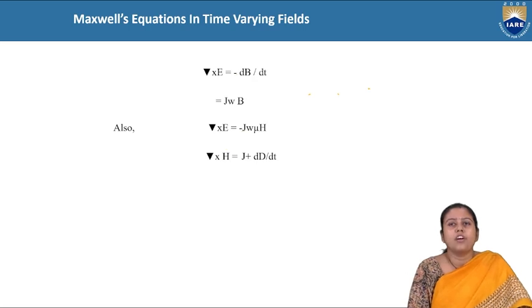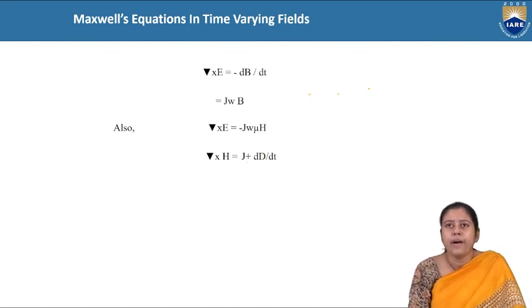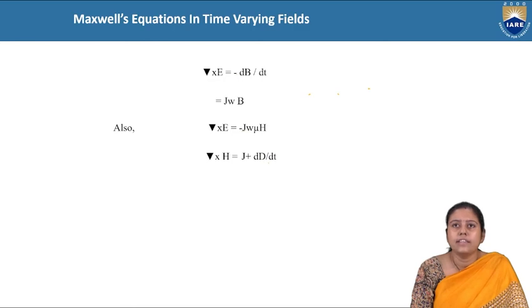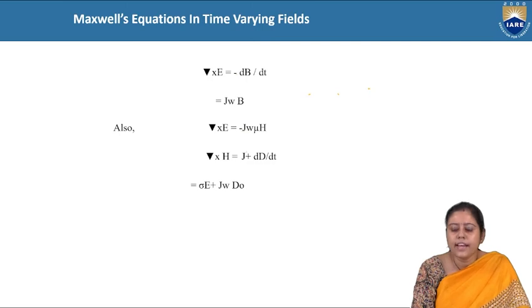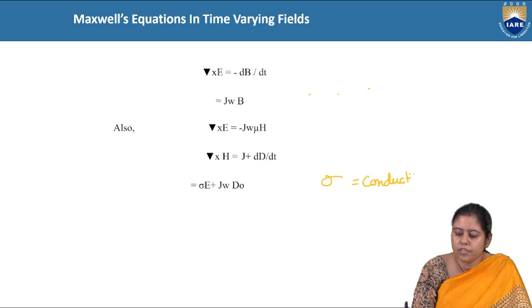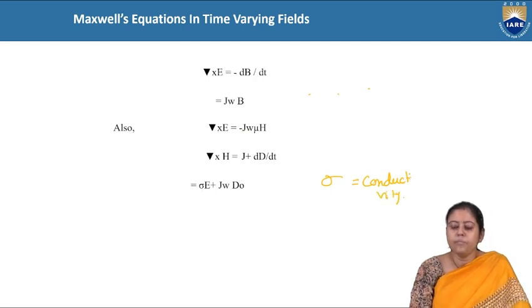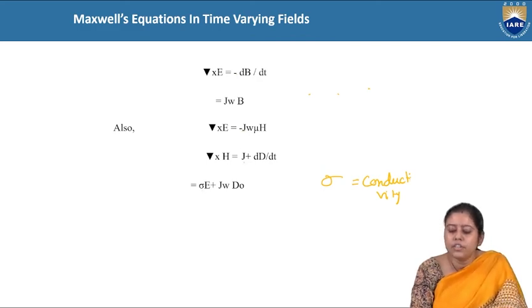Grad cross H is equal to J plus dD by dt, meaning total current density, where dD by dt is the displacement current density. What is J? J is equal to sigma into E. Sigma is the conductivity of the medium. So already we know grad cross H is equal to J plus dD by dt.